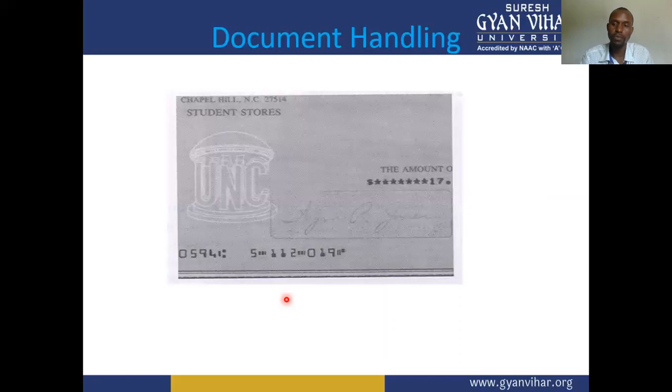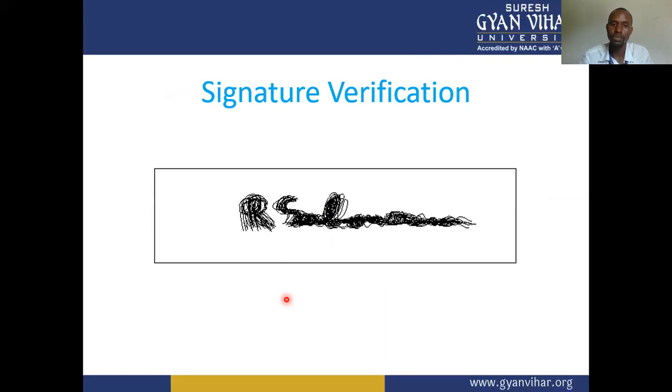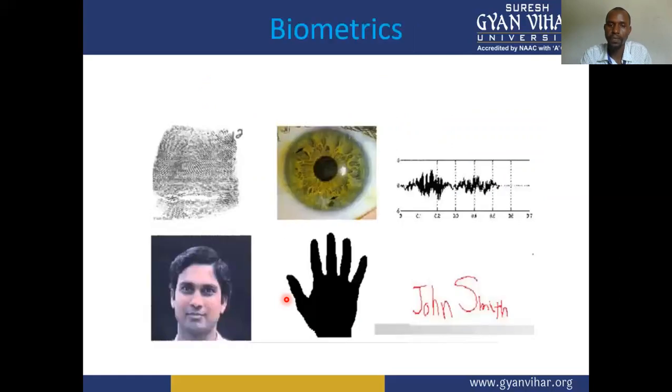If you go to the bank and they need to check if a document is genuine or fake, they will use these techniques and algorithms. Also for signature verification, they will try to verify the original owner of that check by checking the signature. Also put your signature so that they can see if it is a match.